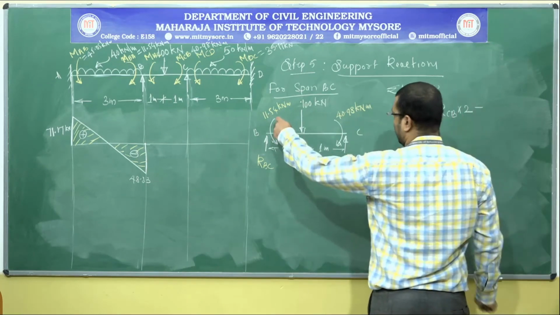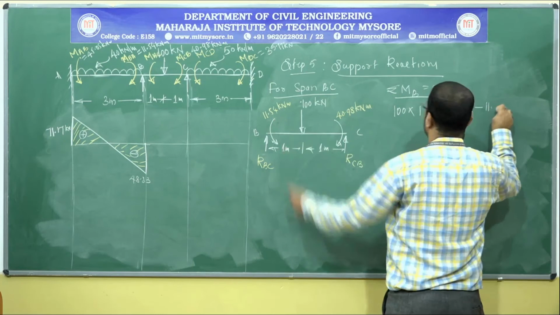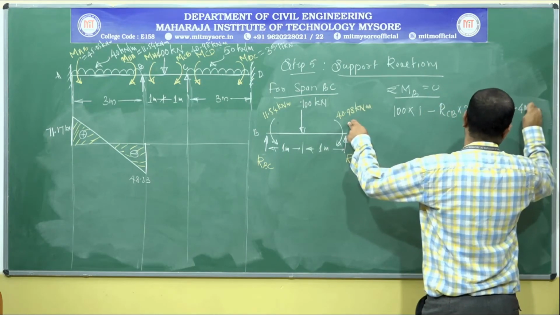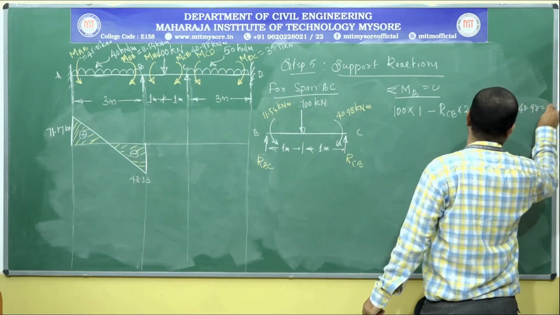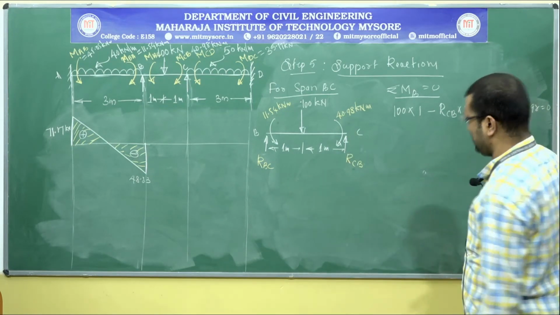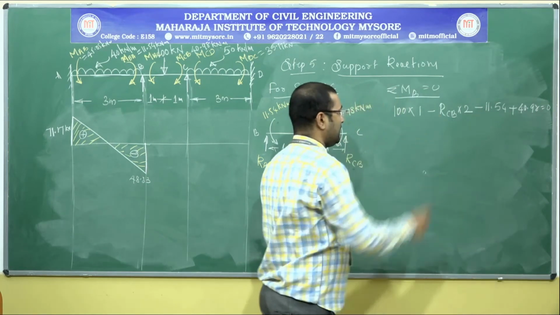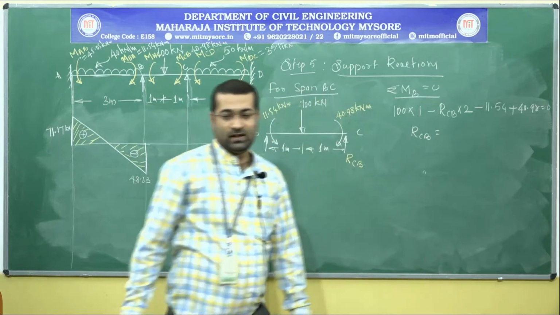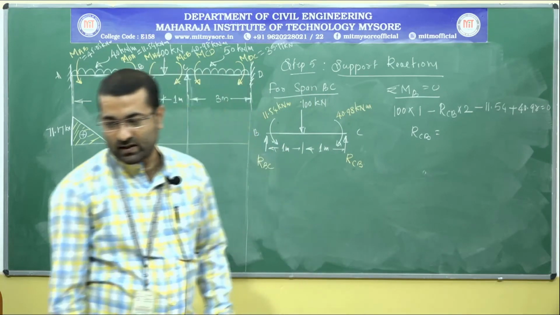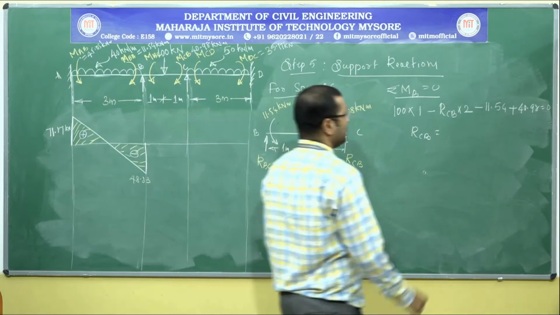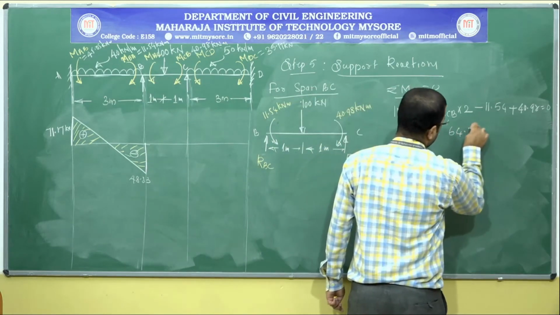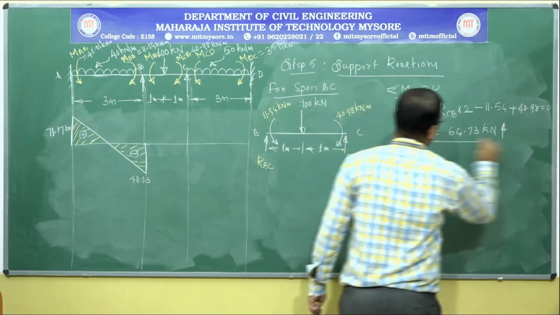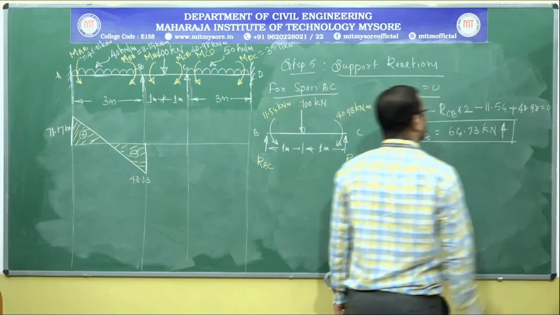Then we have one anti-clockwise moment, that is 11.54, then one clockwise moment, that is 40.98. This should be equal to 0. In this equation RCB is the only unknown, which we can easily determine, and it is equal to 64.73 kilonewton. It is a positive value, which means vertically upwards.